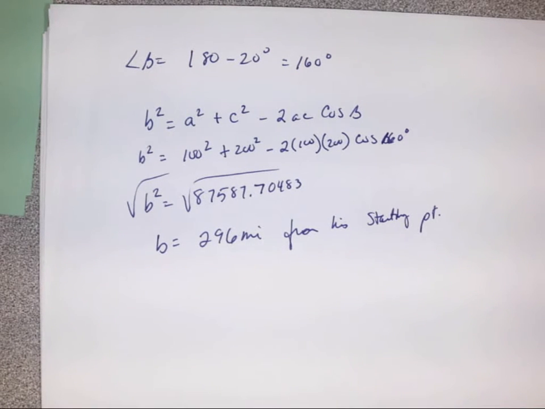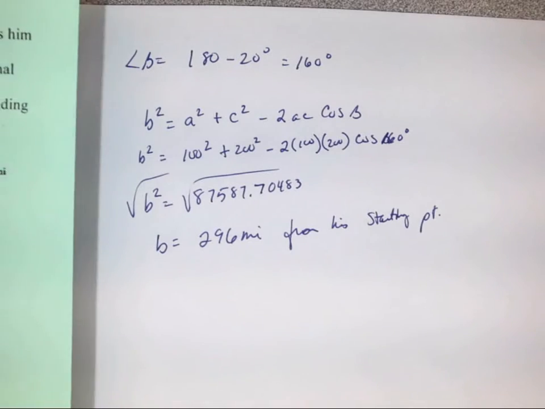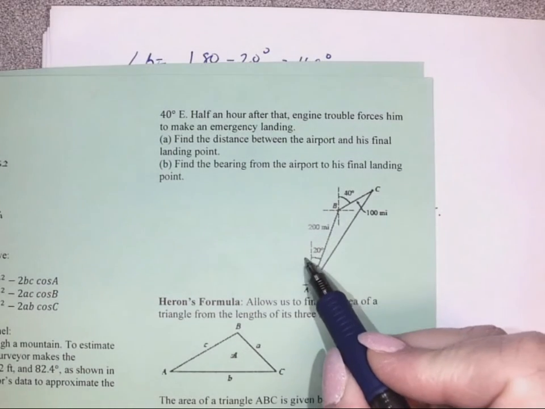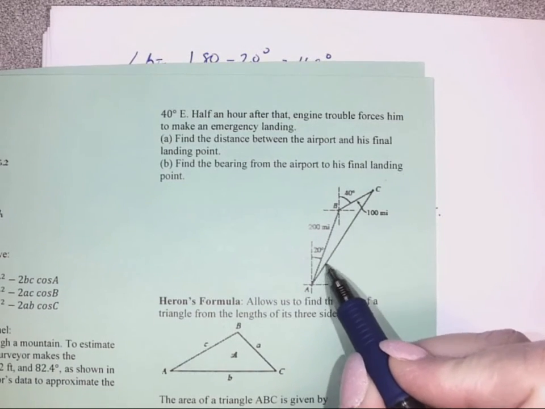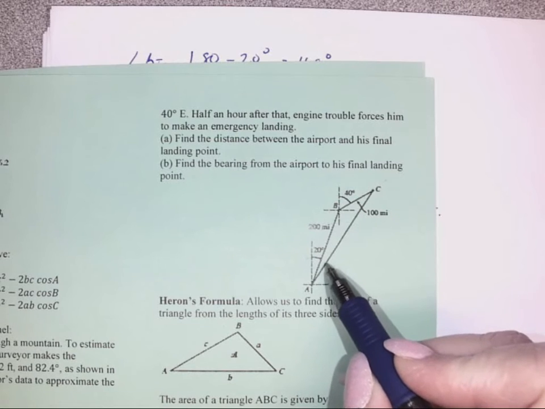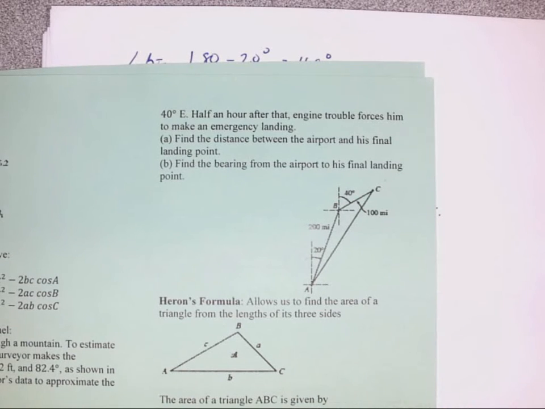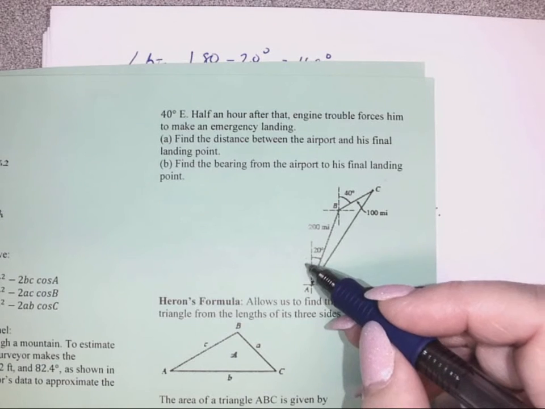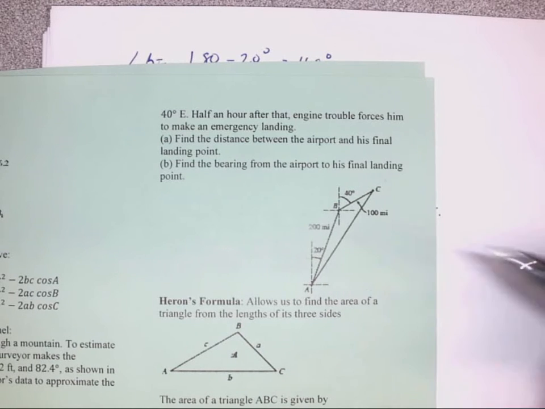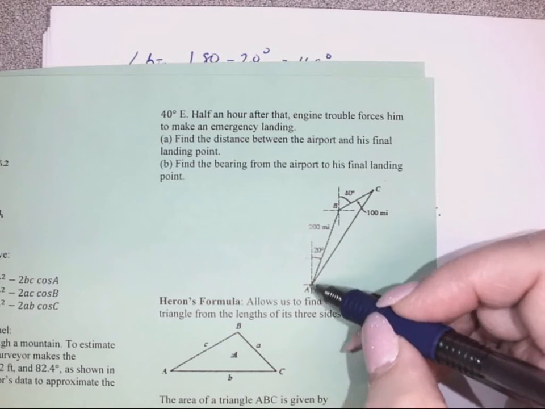All right, so to find that, we are looking at finding the angle that is right here. We need to find this angle of A because we need to add it to the 20 degrees because we're going to do due east, or east of due north.